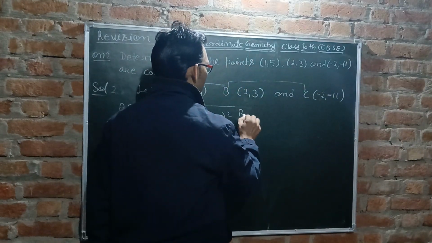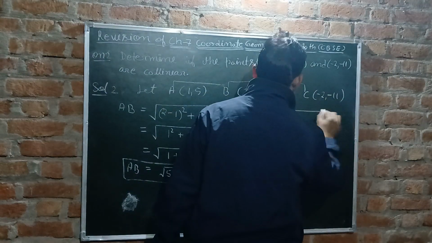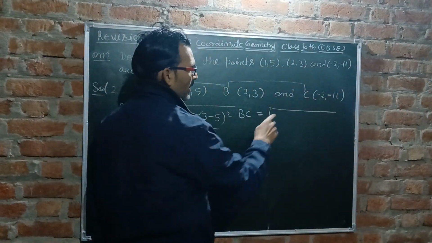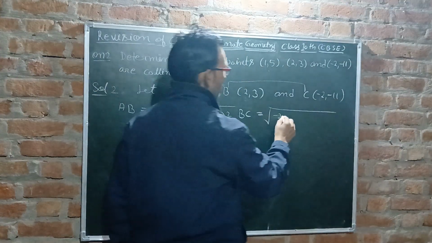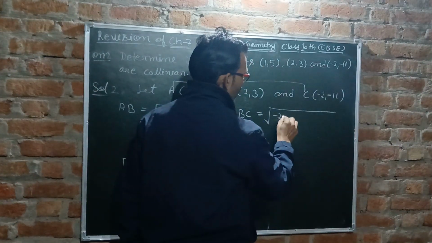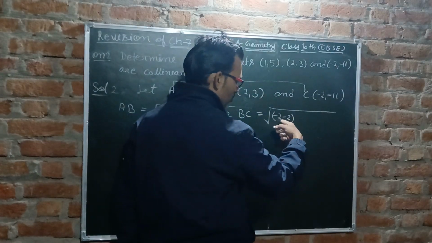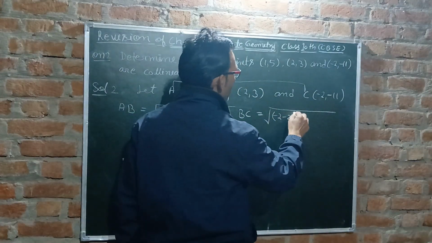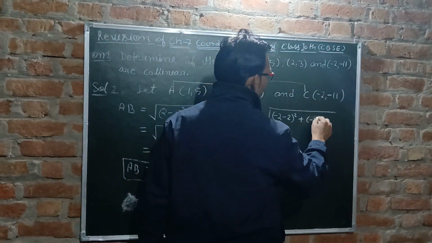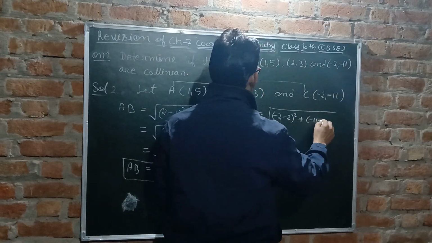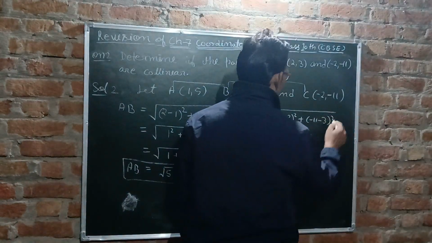So BC equals, again I write the distance formula here: x2 minus x1 whole square plus y2, that is minus 11, minus y1, that is 3, whole square.